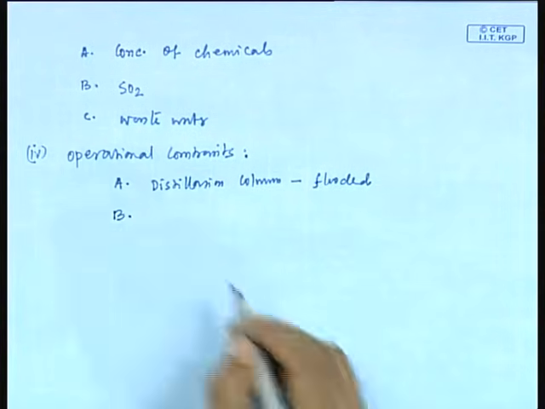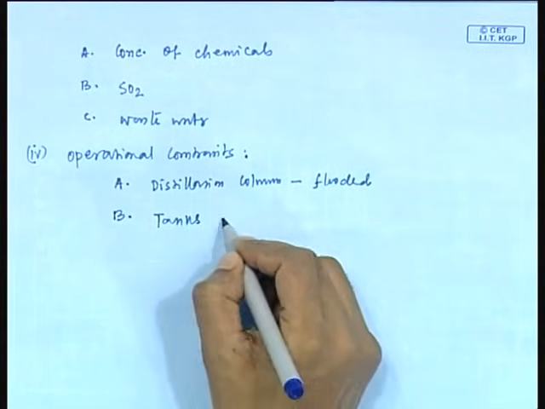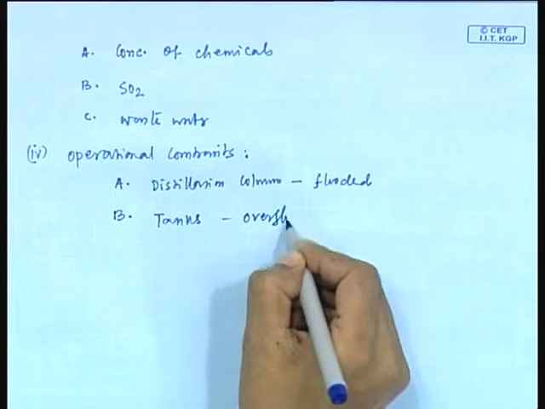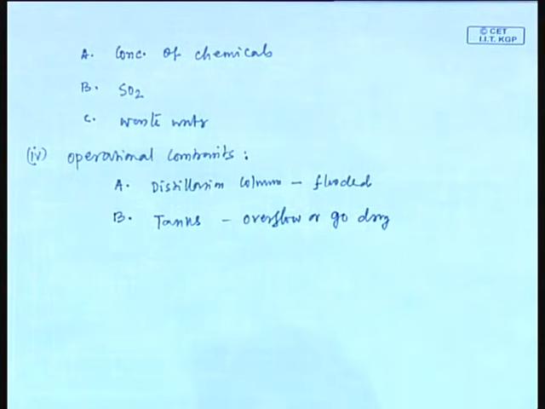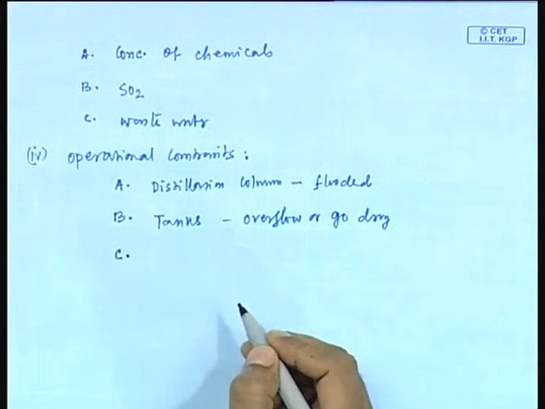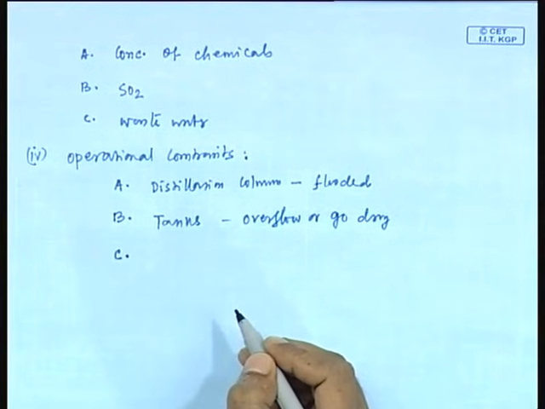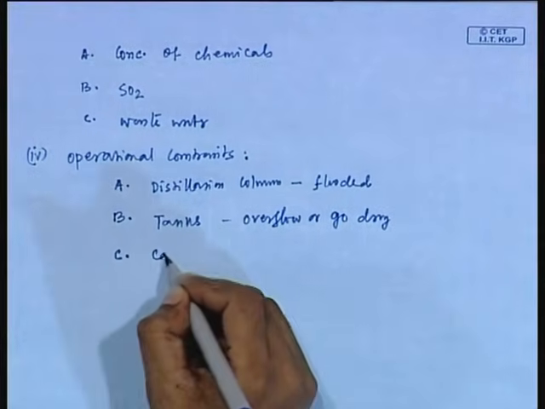Second example is the tanks should not overflow or go dry. Third example is the temperature in a catalytic reactor should not exceed the upper limit.